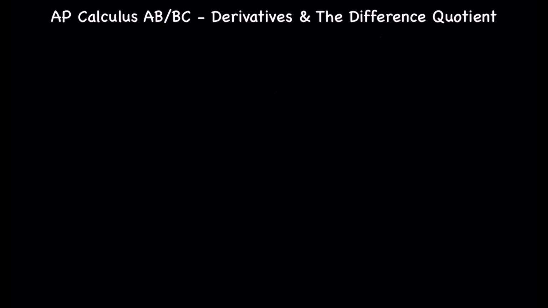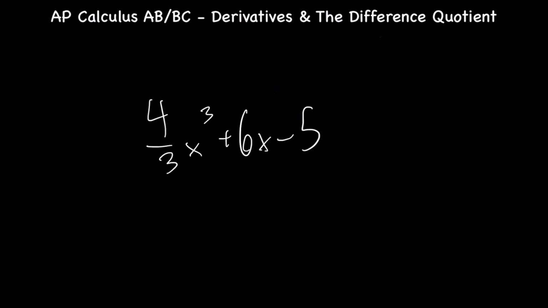Let's try a more complex example. All right, use the power rule. You can pause this video if you want, but use the power rule to solve for the derivative of this equation. Okay, I'm going to do this myself.